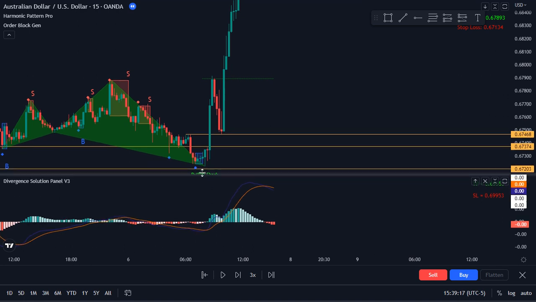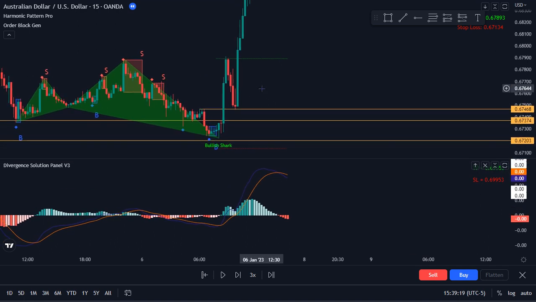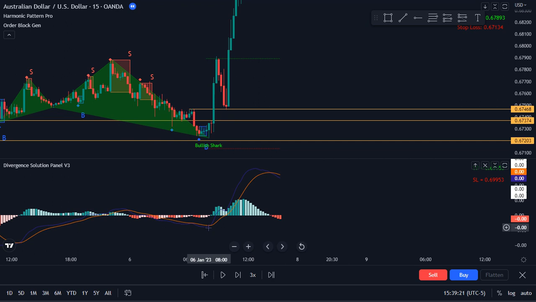If I bring up the divergence solution indicator again, we've got a cross here right as this order block was validated, just like we saw on the 1-hour. The order block formed, and right as the crossing was happening, the order block was happening.